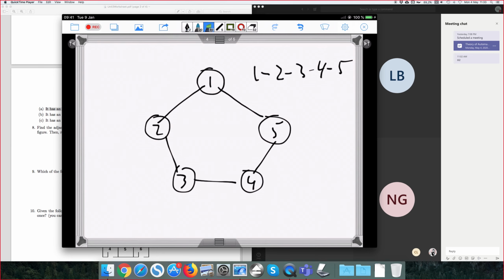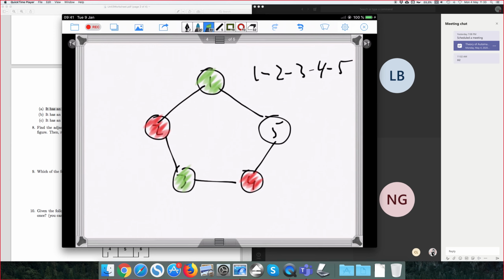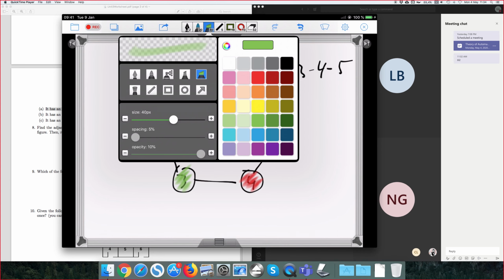Because if I try to use colors here, for instance, red and green, I can do this for the first vertices, but then here I need a different color, because 5 is adjacent to both 1 and 4, and I cannot use either green or red. Okay, I need to use a third color, for instance blue.